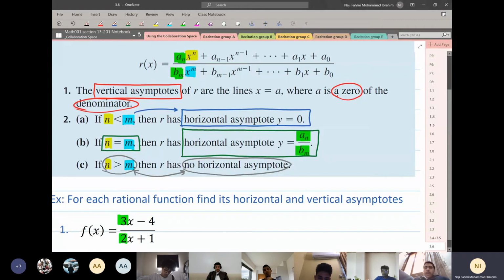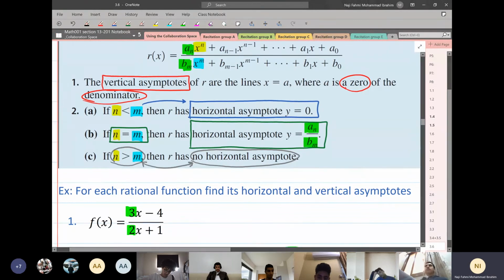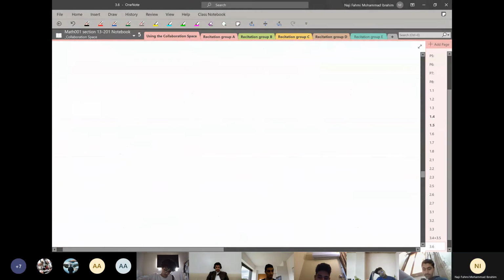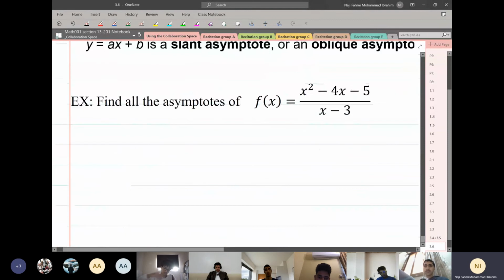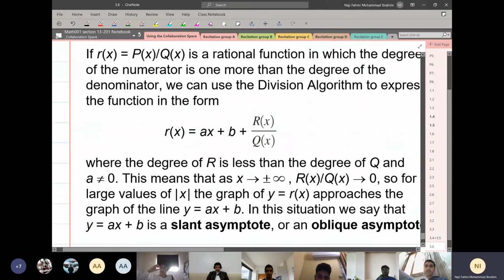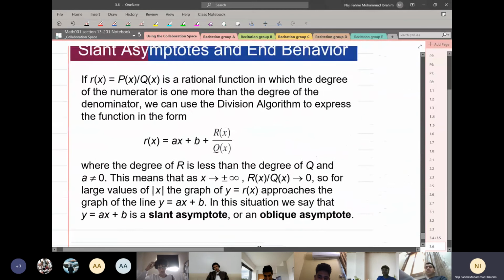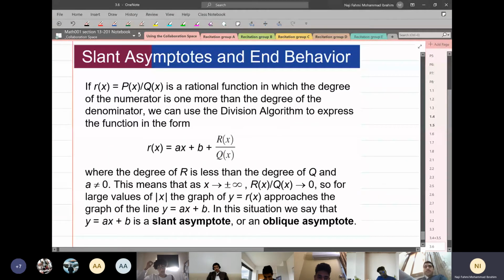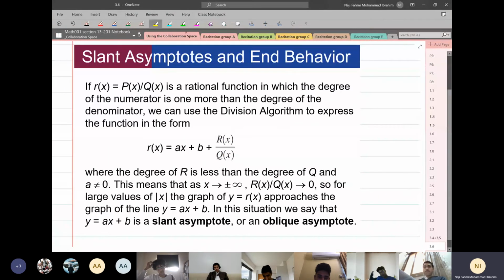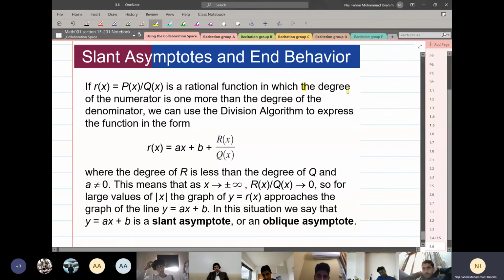We have no horizontal asymptote. But now we have a special case. If the degree of the numerator is more than the denominator, we have many cases, but one of them is special. Please pay attention. Let's read this statement: the degree of the numerator is 1 more than the degree of the denominator.